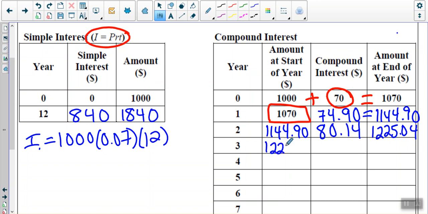That's now our principal amount at the start of the year, and 7% of that amount is $85.75. Now I'm adding $1,225.04 onto that interest amount, and now we're going to have $1,310.79.